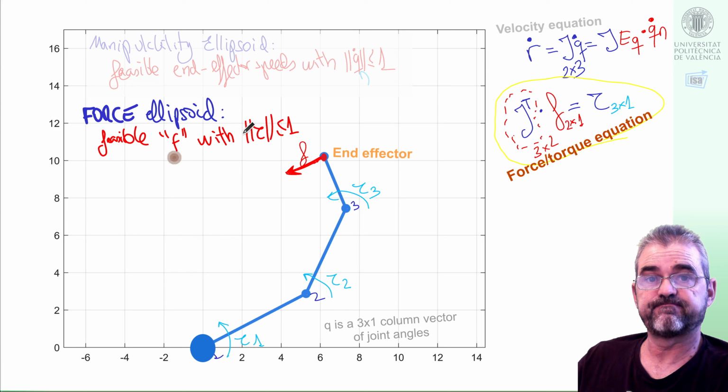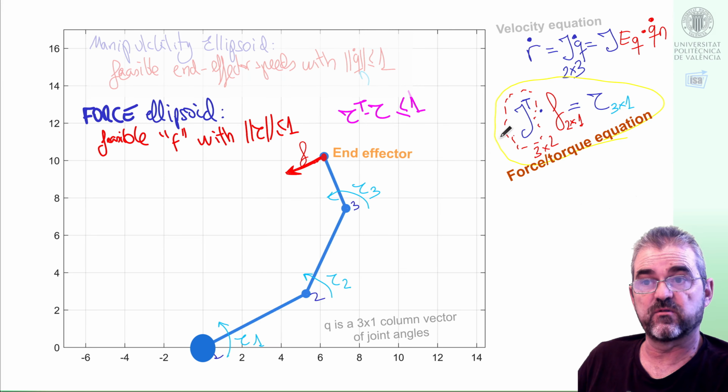force ellipsoid. Of course, a torque in the unit sphere means that tau transposed tau must be less than 1, so the equation of this unscaled force ellipsoid is straightforward from this one.